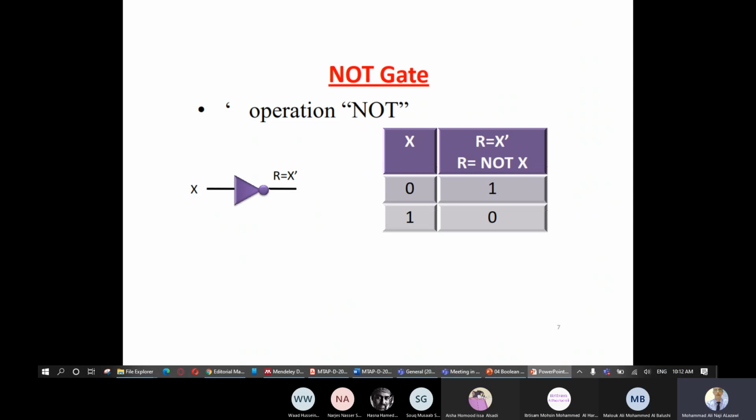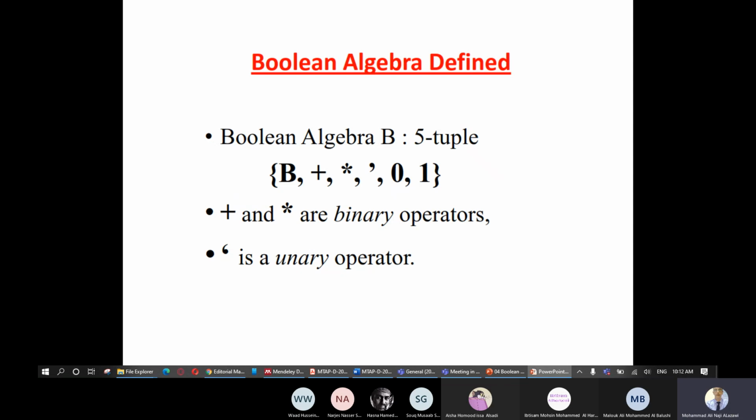The NOT gate is very easy. It inverts the input. If I give 0, the output will be 1. If I give 1, the output will be 0.